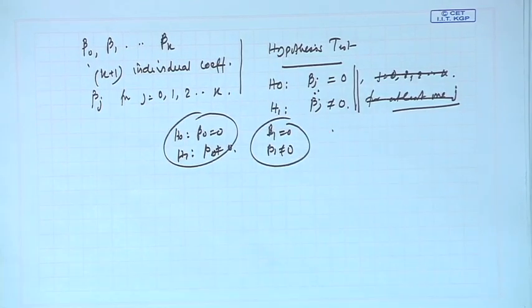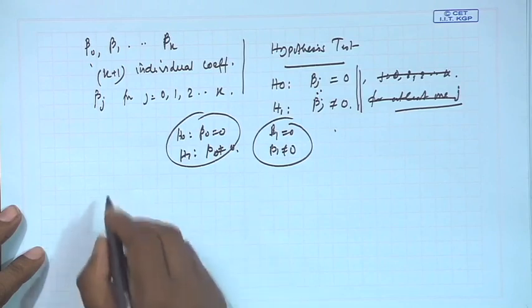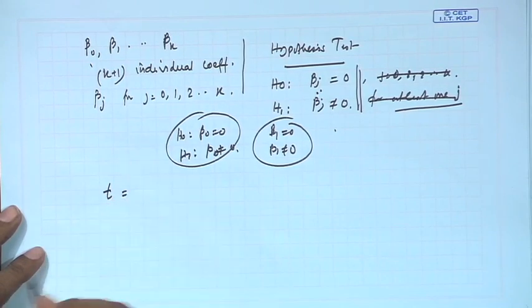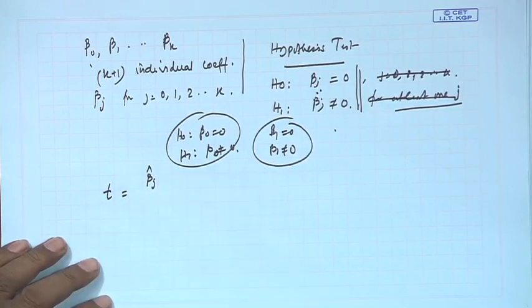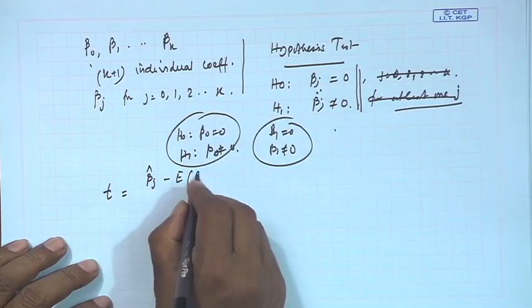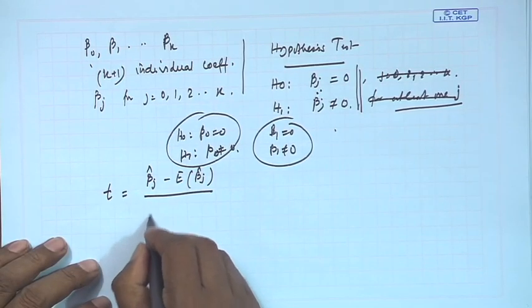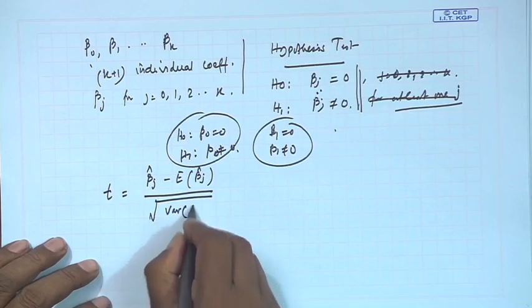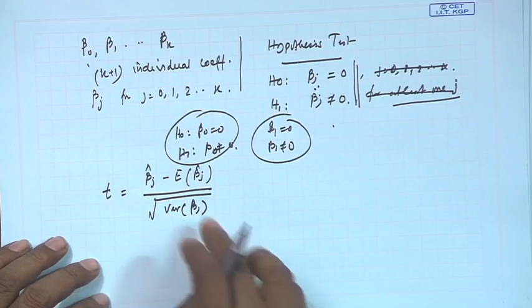What test statistic will we use here? We will use a T statistic. Suppose we create a statistic like this: beta j cap, the estimated value, minus the expected value of beta j cap, divided by the square root of the variance of beta j cap. This is T distributed.